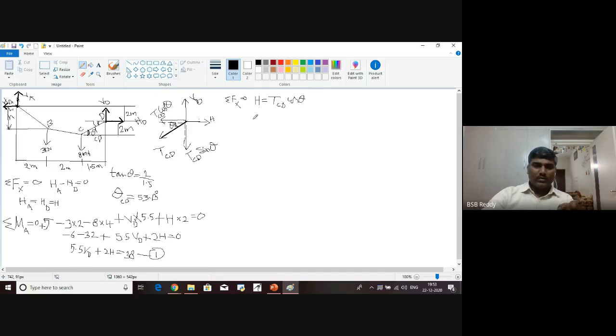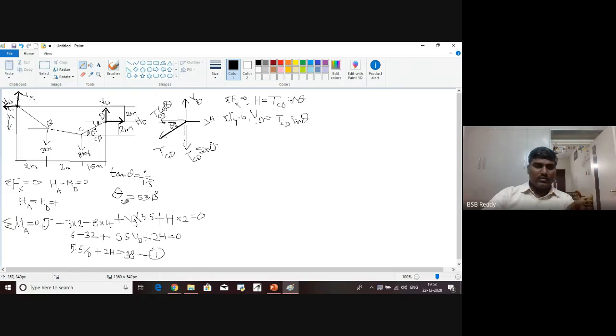Right. Now VD, from sigma Fy equals 0, the equilibrium equations. So VD shall be equal to TCD sin theta. Right.